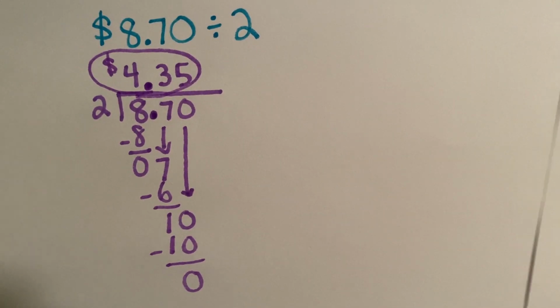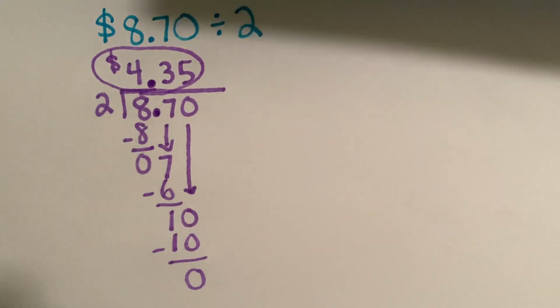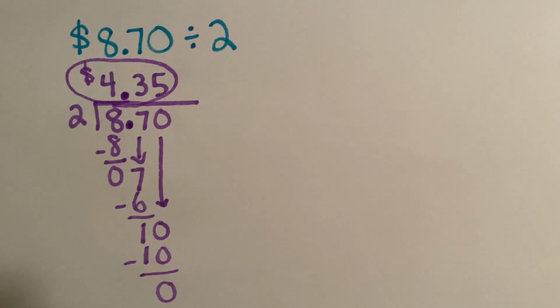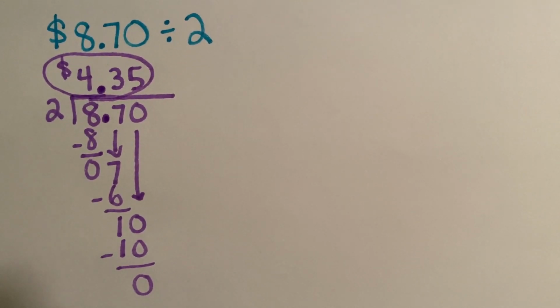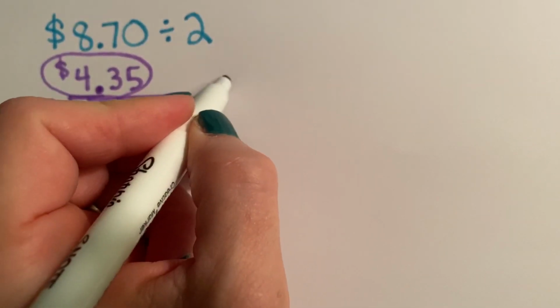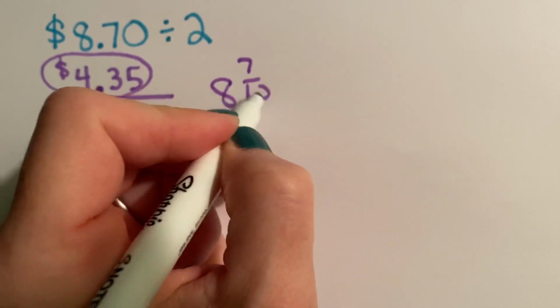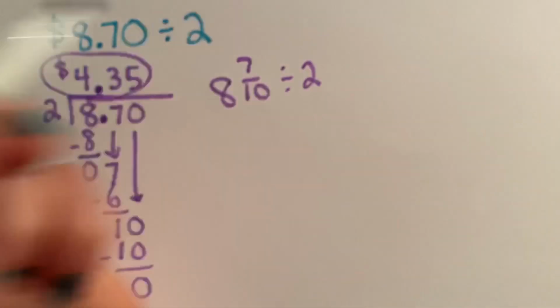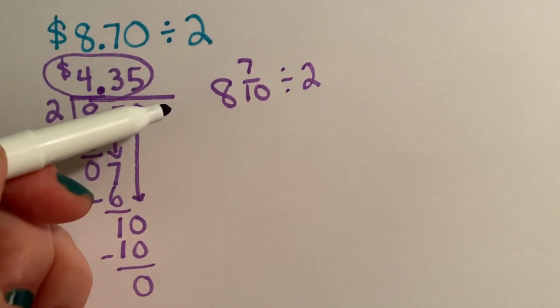But another way we could do it is to write 8.7 as a mixed number with place value. So 8.7 is the same as 8 7/10, divided by 2. And we've already learned how to handle this type of problem.